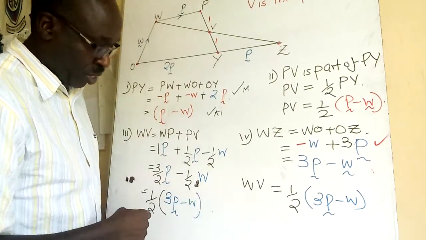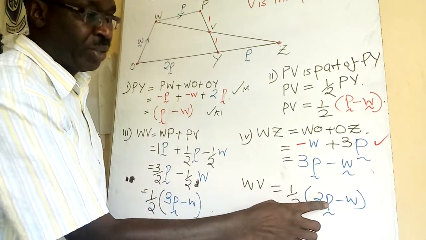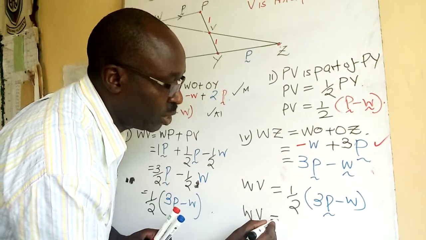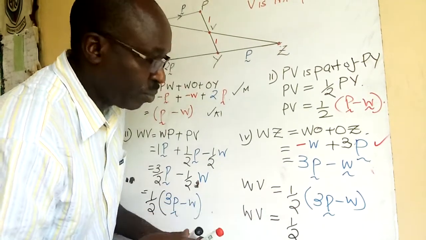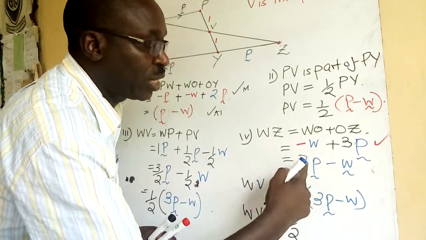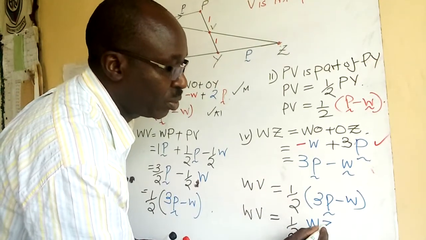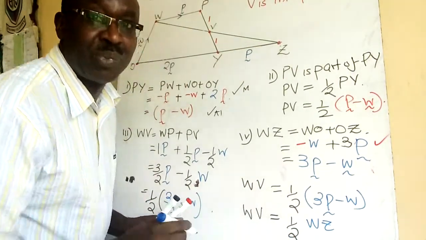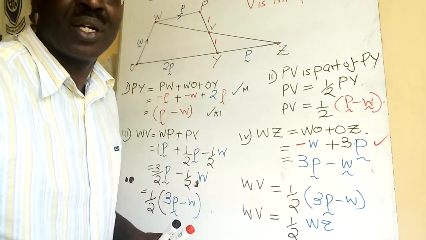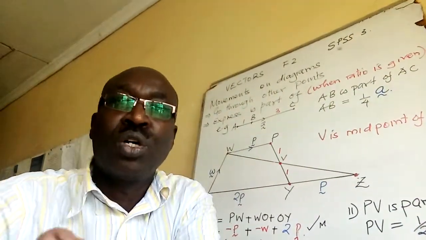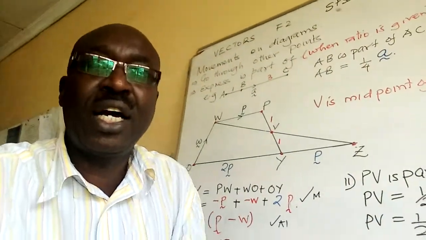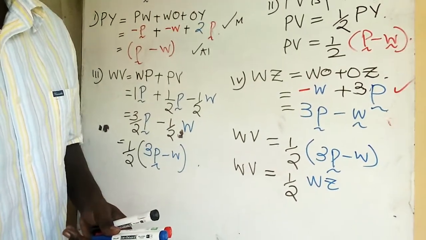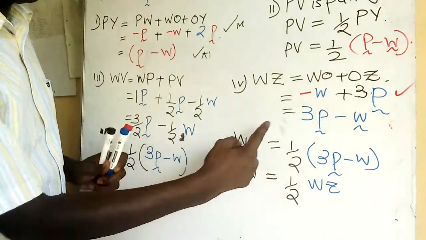WV, we found it to be a half 3P minus W. So mathematically I can write WV is equal to a half, then in place of 3P minus W here, I can write WZ. Now I am doing the conclusion, and we have to get things right here.